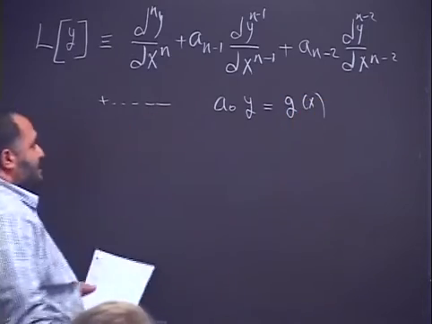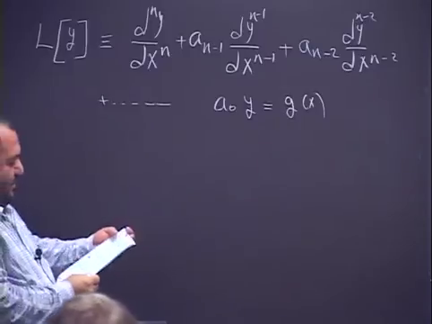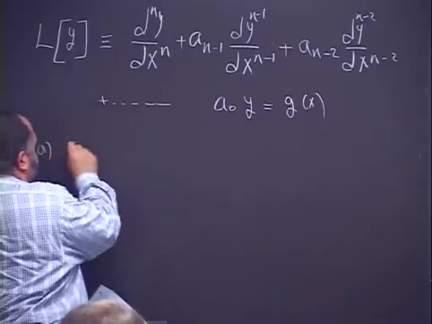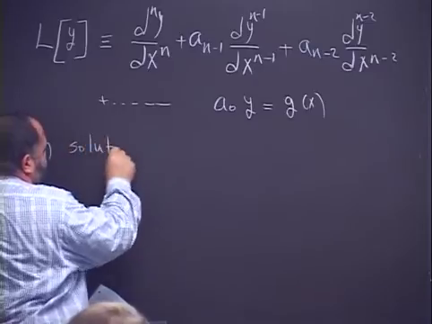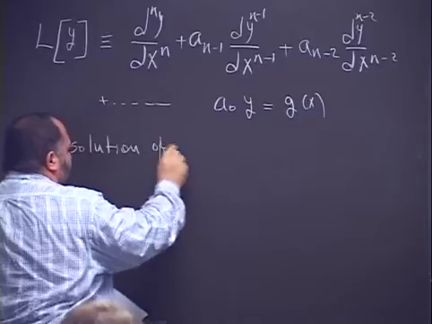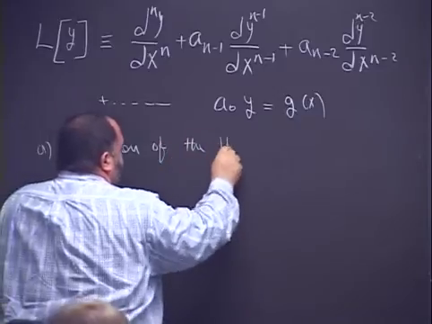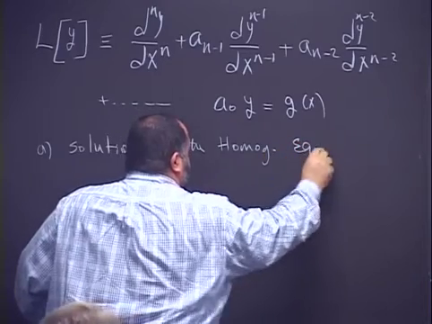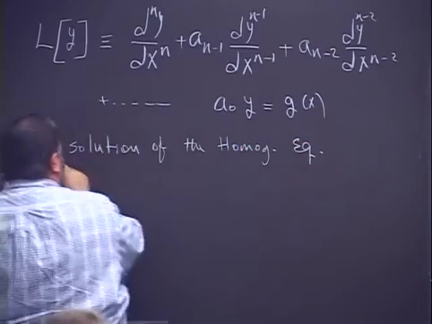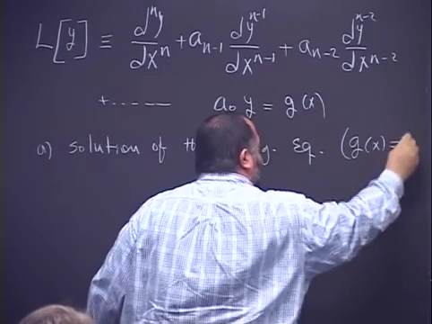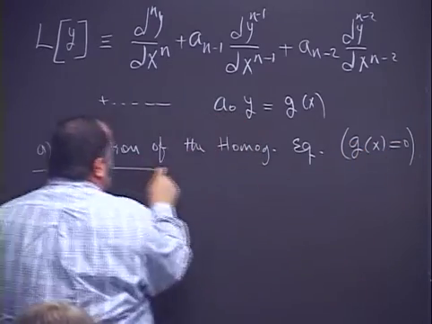And this is the inhomogeneous equation. First of all, we'll start with the solution of the homogeneous equation, meaning g of x equal to 0.